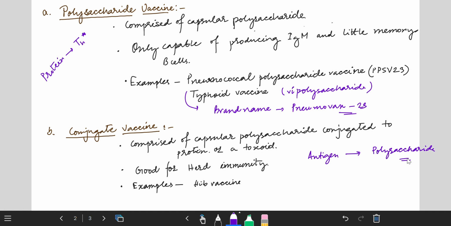And this kind of vaccine is actually good for herd immunity. Herd immunity means when there is a need to immunize a large community of people.